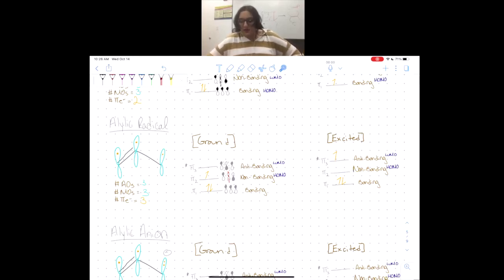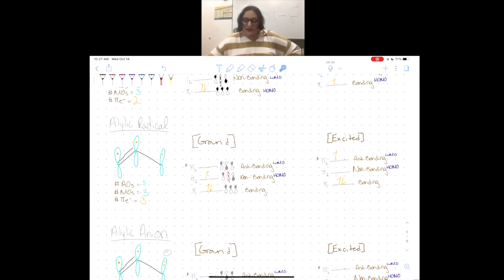To recap and summarize, we have one bonding orbital, one non-bonding, and one antibonding. Pi 2 is the HOMO, pi 3 is the LUMO. The difference comes into the number of electrons in each orbital.